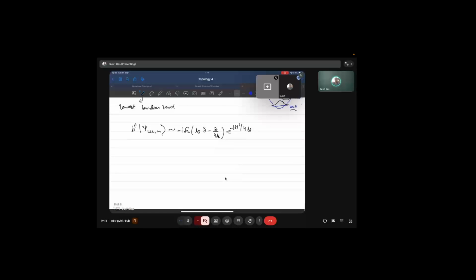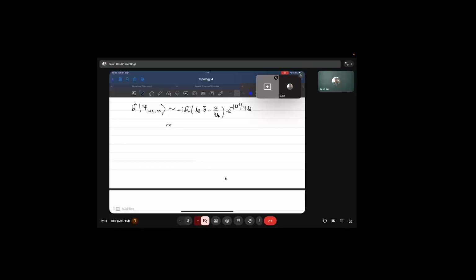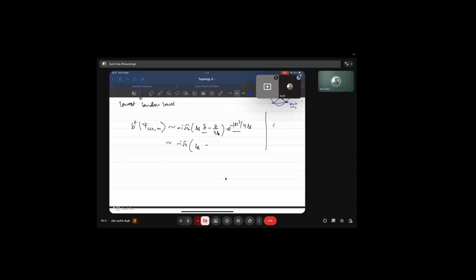and so minus i root 2 lB. If you take the derivative, del bar means del z bar. And if you take del z bar of, let's say, mod z square, what this necessarily means is del z bar of z and z bar. Okay, this will leave only z.